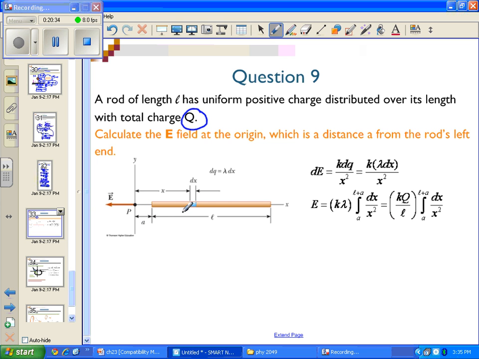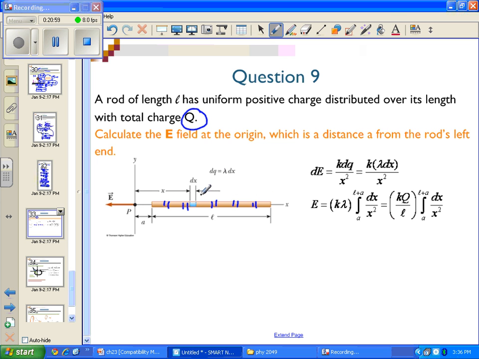We happen to have two source charges, but they were point particles. This time we have a distribution of source charge. And so we have to consider the effect of every little tiny quantity of charge that will collectively add to the value of the electric field at the origin.